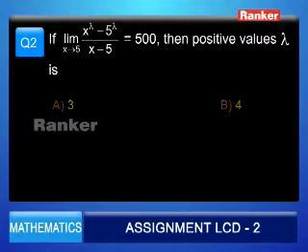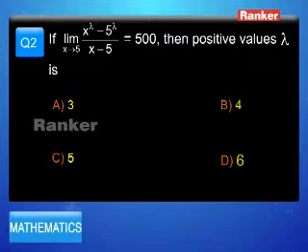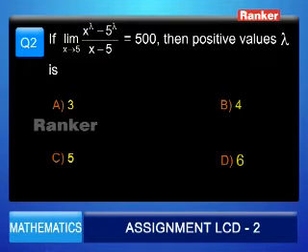If limit x tending to 5, (x power lambda minus 5 power lambda) divided by x minus 5 is given to be 500, then we are asked for positive values of lambda.